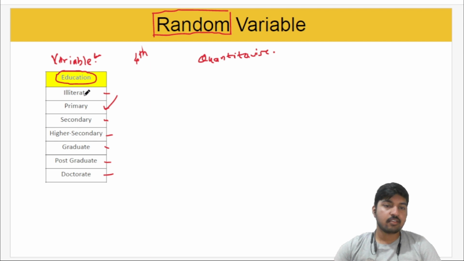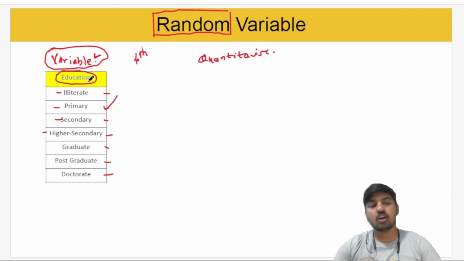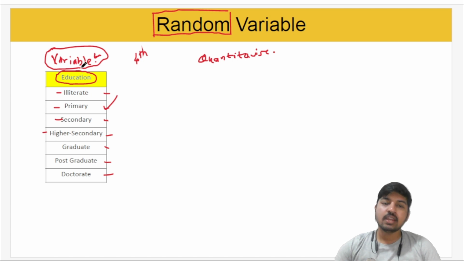Suppose this variable, education, is taking qualitative values like illiterate, primary, secondary, higher secondary. It is not taking values like 1, 2, 3, 4 or 10, 11, 13, 14. That's why this is only a variable.